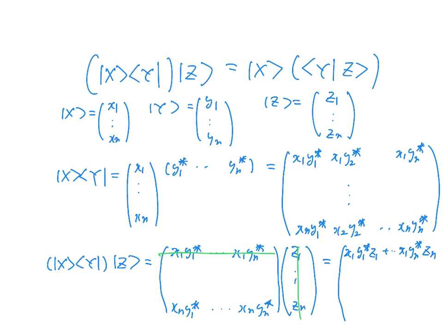And here, xn y1 complex conjugate z1, xn yn complex conjugate zn. So actually you can factor it out. Here, x1 is a common factor, and xn is a common factor, right?